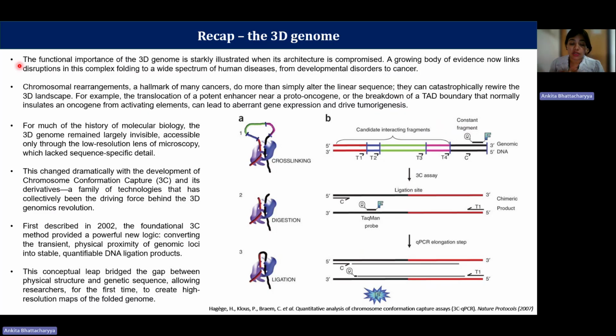This has changed quite dramatically with the development of the 3C method and its derivatives, which have collectively been the driving force, like we've already discussed. So what does it exactly do? It converts the physical proximity of some genomic loci, which is usually transient or dynamic in nature, into something stable and quantifiable: the product of ligation between two regions.